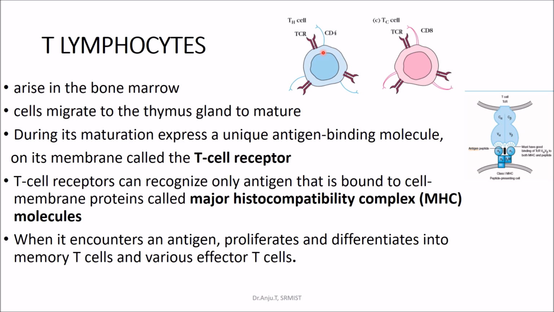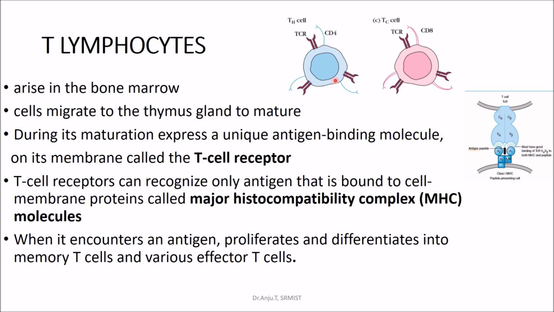But how they differ from the B cell receptors is that T cell receptors can recognize antigens only when they are complexed with major histocompatibility molecules. So these T cell receptors can recognize antigen only when they are presented with the major histocompatibility complex, and they cannot recognize the antigens on their own.